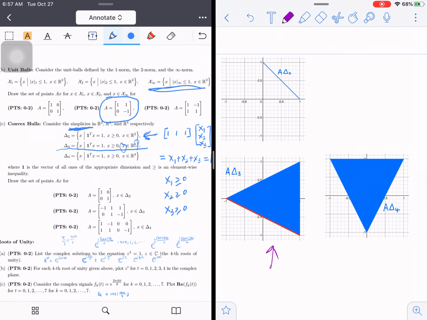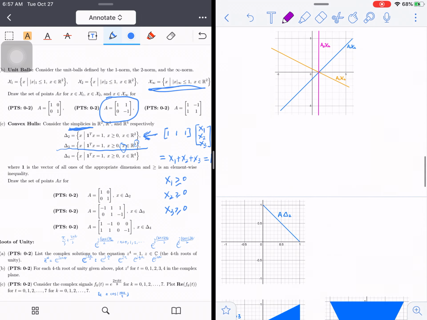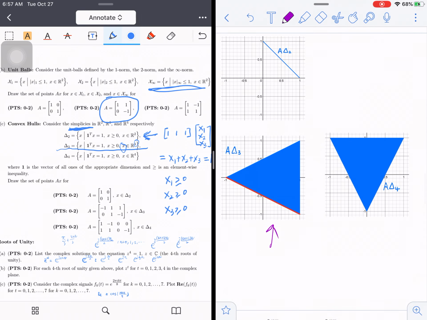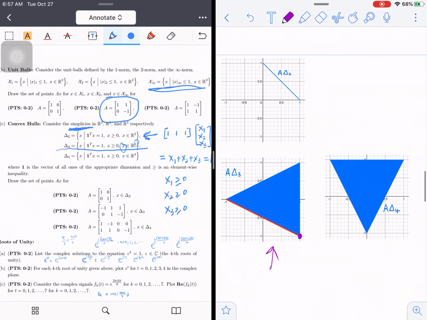So this is the answer. We have 1, minus 1. Where is 1, minus 1? 1, minus 1 is here, this point. Where is minus 1, 0? Minus 1, 0 is this point. So I get this line.